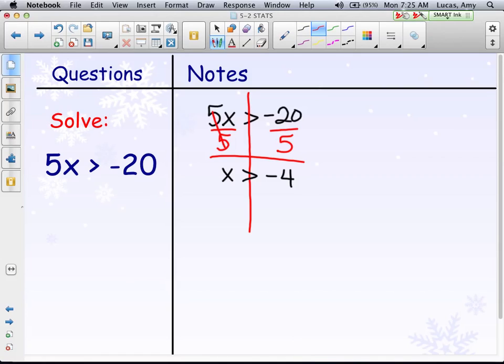Now, you may notice that I did not flip my symbol, because I divided both sides by positive 5. That does not flip your symbol around. If my action step, where I'm dividing on both sides, was a negative, that would flip my symbol. Dividing by a positive 5, don't flip it.